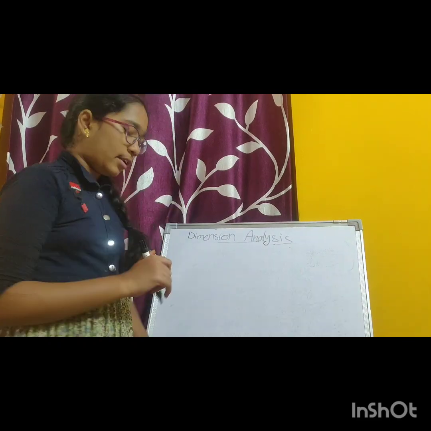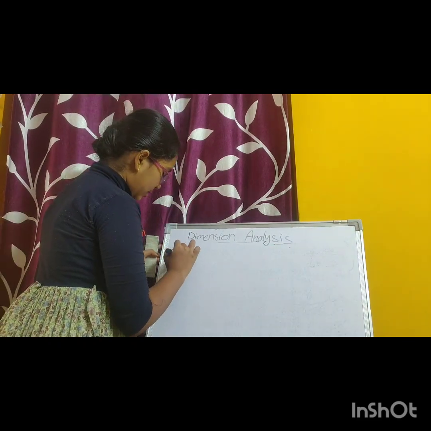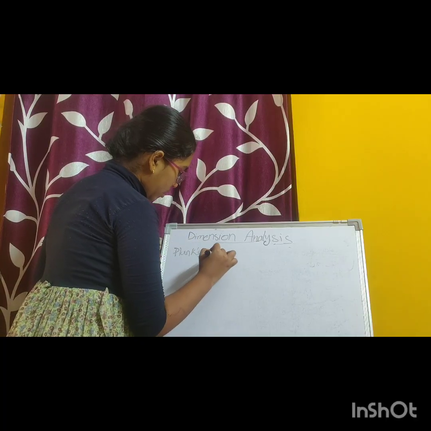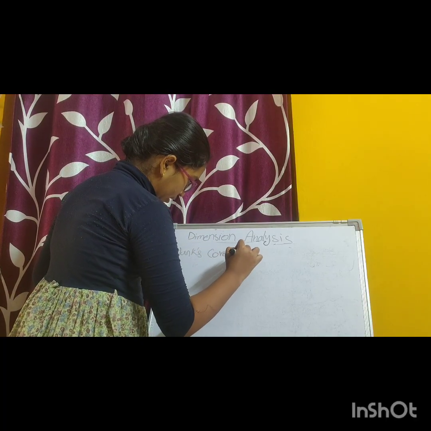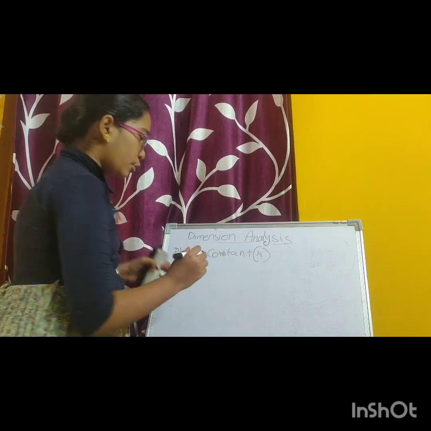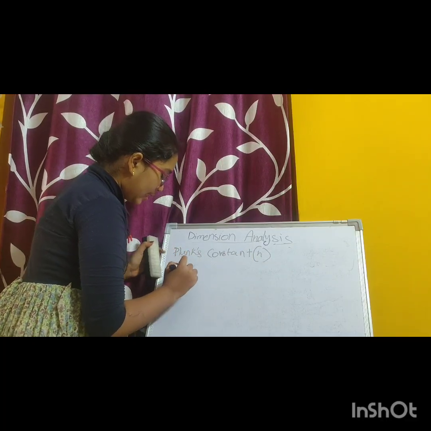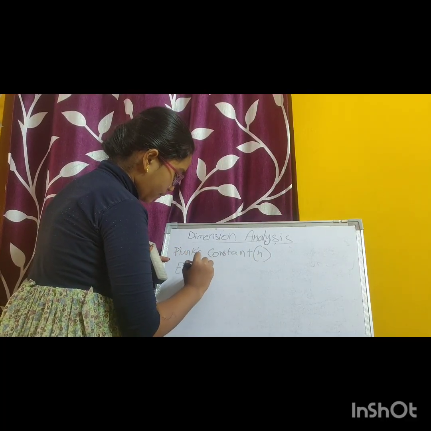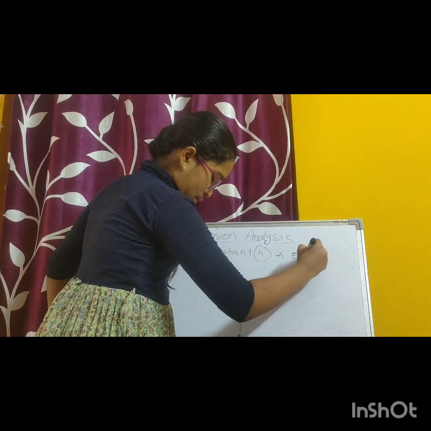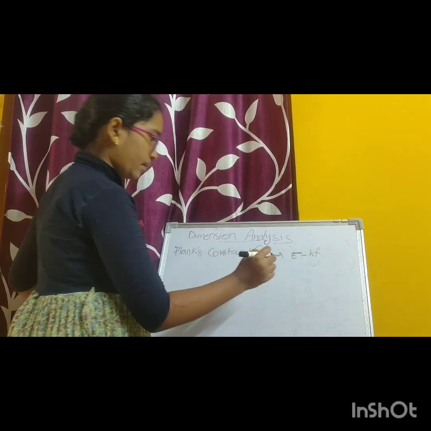Now let's know about Planck's constant, which we can write as small h. The main formula is E is equal to hf. We have to know a formula which is E is equal to hf.